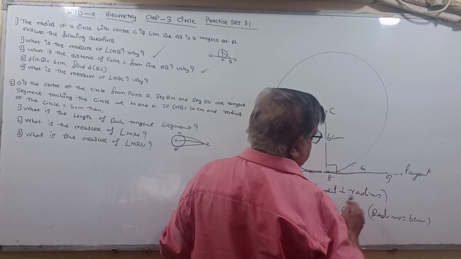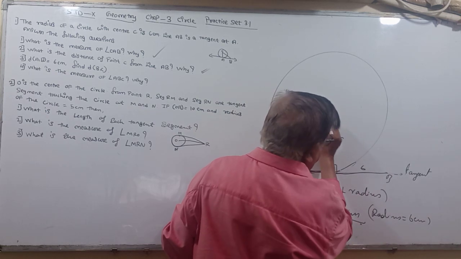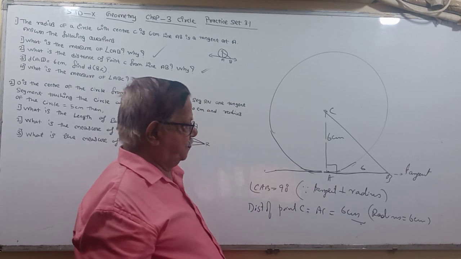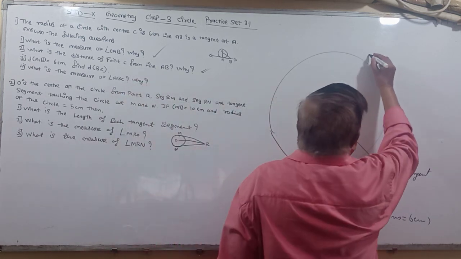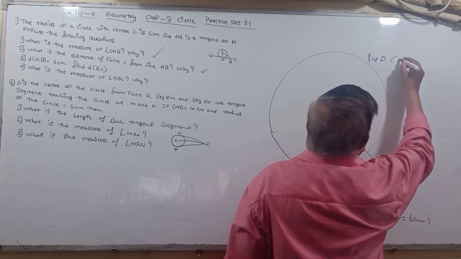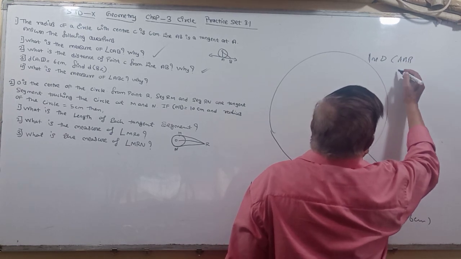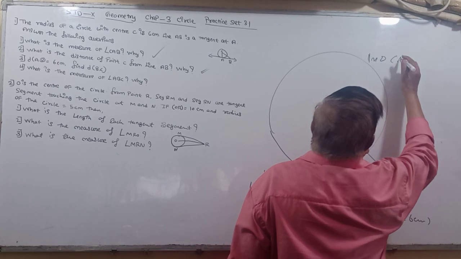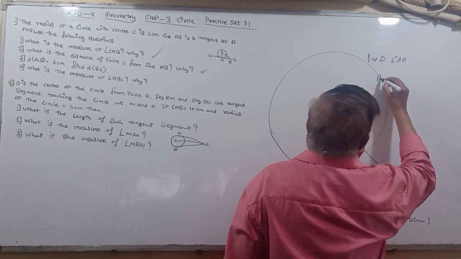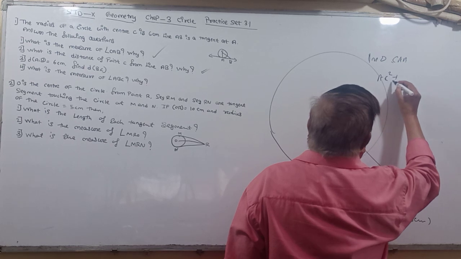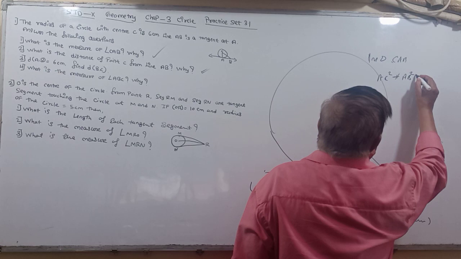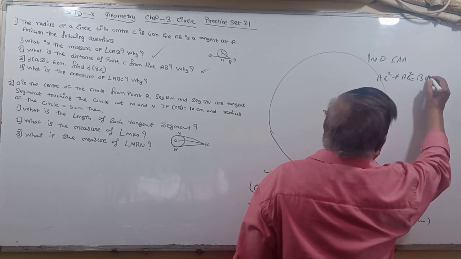Find BC. We need BC. That can be done by Pythagoras theorem. In triangle CAB, AC square plus AB square equal to BC square.